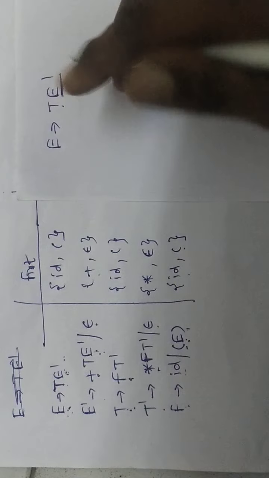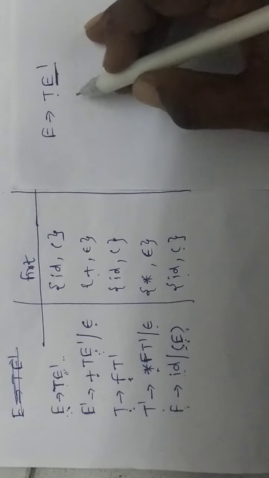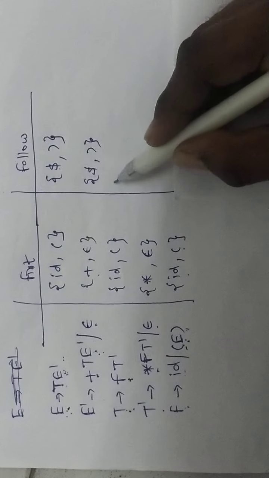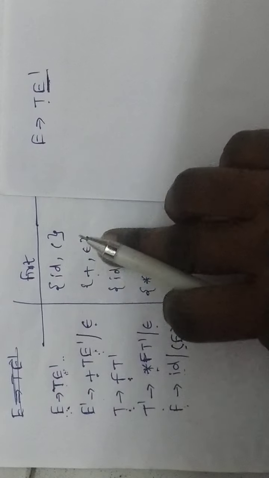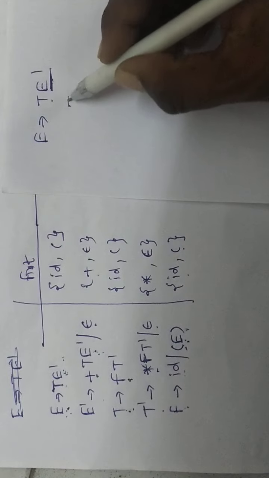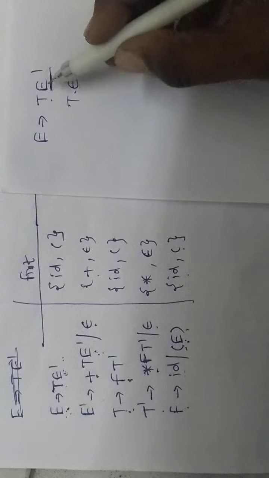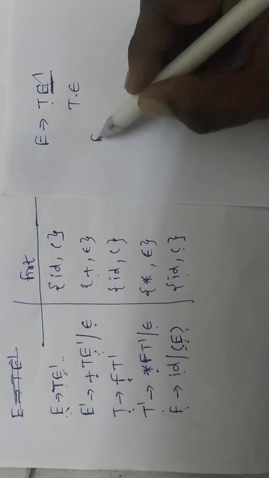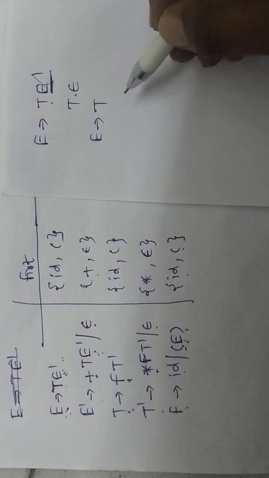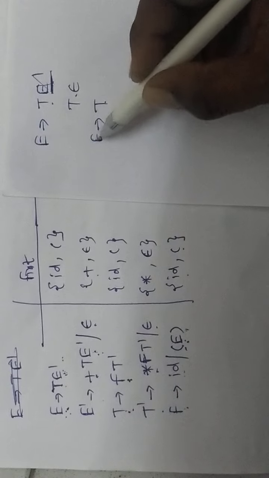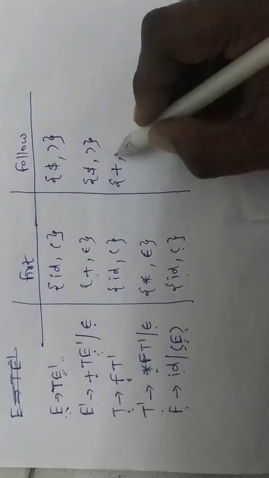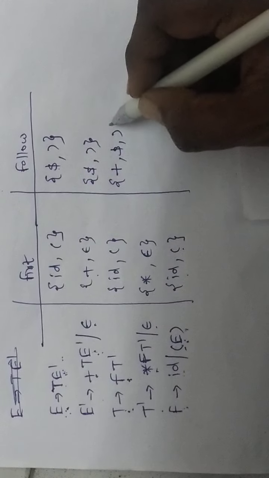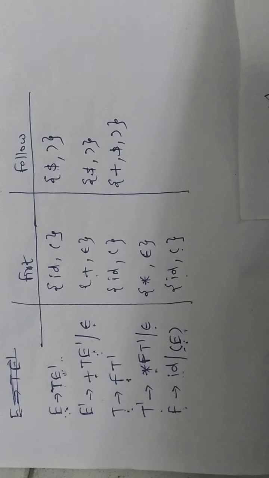Here you can take the plus, and there is an epsilon here. If I substitute epsilon, E dash is going to vanish, so this becomes E implies T. Now the follow of T is follow of E. What is follow of E? $, comma, closed bracket. Okay, understand?